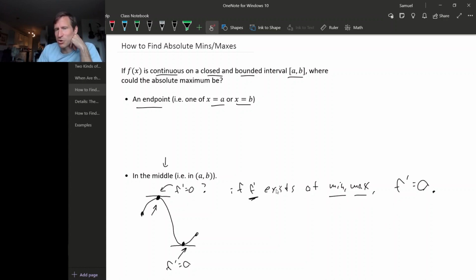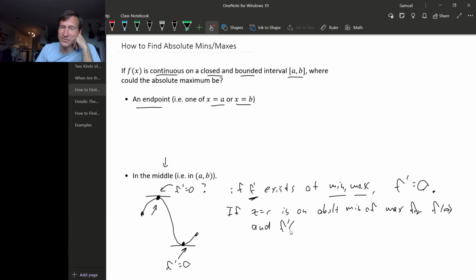So I should be a little more careful when I write this. I guess what I should say is, if x equals c is an absolute min or max for f of x, and the derivative at c exists, then f prime of c is 0.